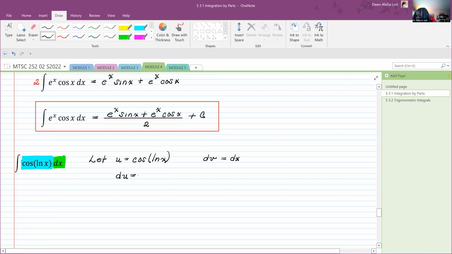Yes, we can do that. So we take the derivative of the outside function and then multiply that by the derivative of the inside function. What's the outside function? I think it's negative sine natural log of x, and then it's multiplied by 1 over x dx.